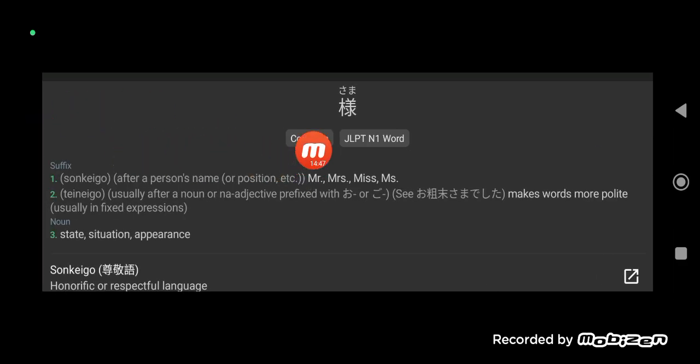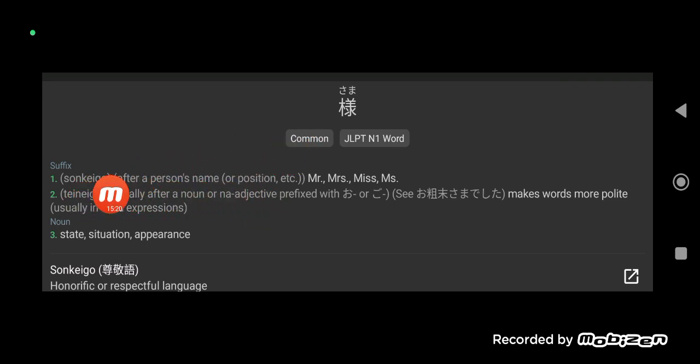So how about this? You'll probably have heard of this, sama. Let's say Biru-sama, or Hime-sama, or Ojo-sama. A very respectful way. Let's say you're referring to royalty, or a person of very high stature, the supreme CEO in your company, or perhaps an emperor or prime minister, sama. So you can suffix it instead of san.